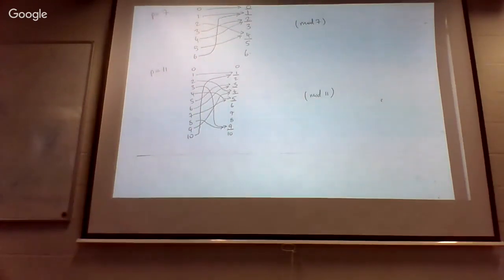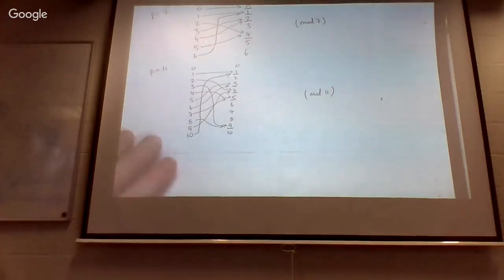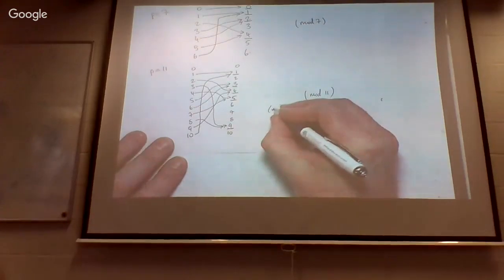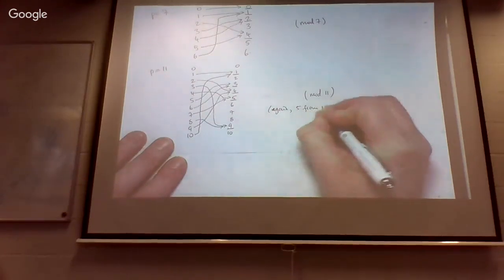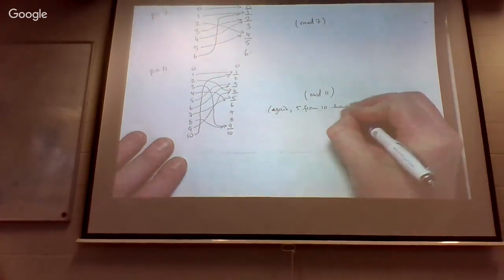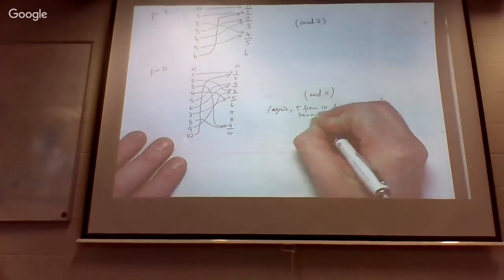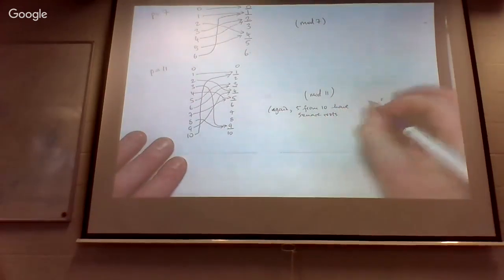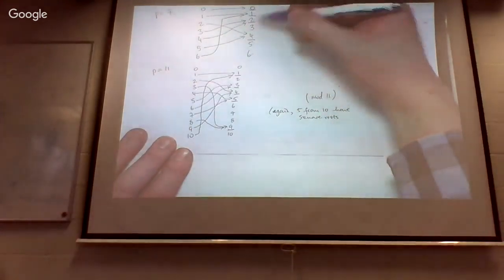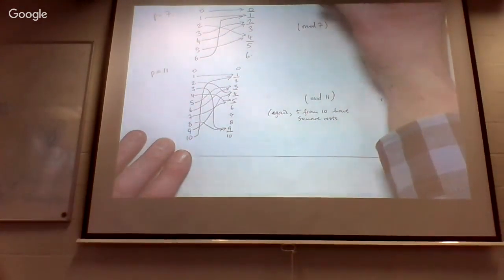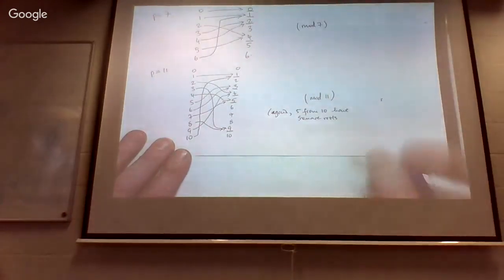So that's right. So again, we see 5 from 10 have square roots. I.e. half of the non-zero classes, because here it was 3 from 6, here it was 2 from 4, and here it was 1 from 2.